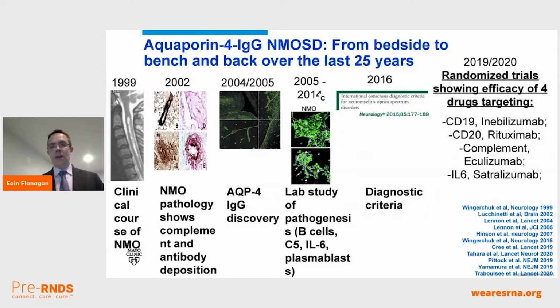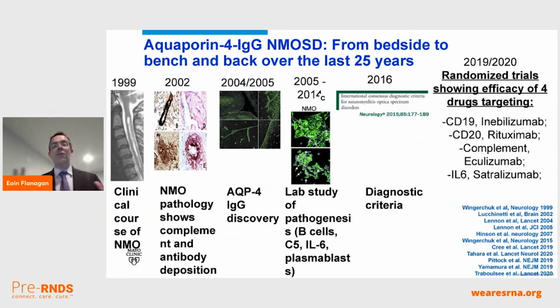That included a medication that targets CD19, called inebilizumab, a medication that targets CD20 called rituximab, a medication that targets complement called eculizumab, and a medication that targets interleukin-6 called satralizumab. These were randomized controlled trials that really proved that these medications can be helpful in preventing future relapses. We'll discuss that a little bit later.